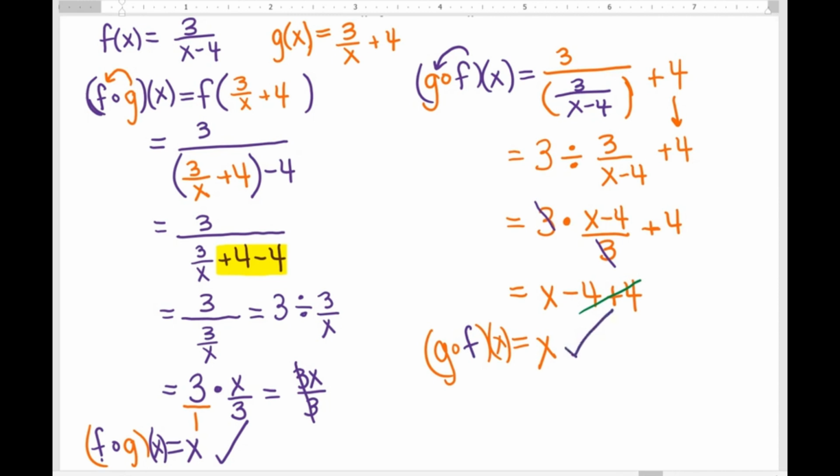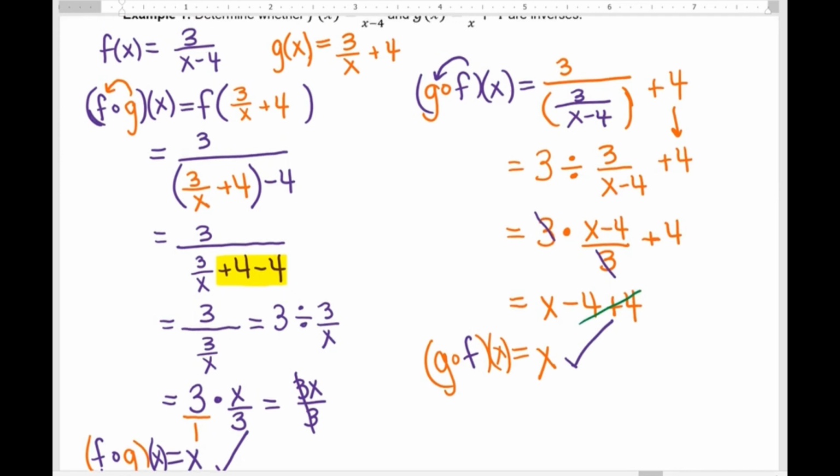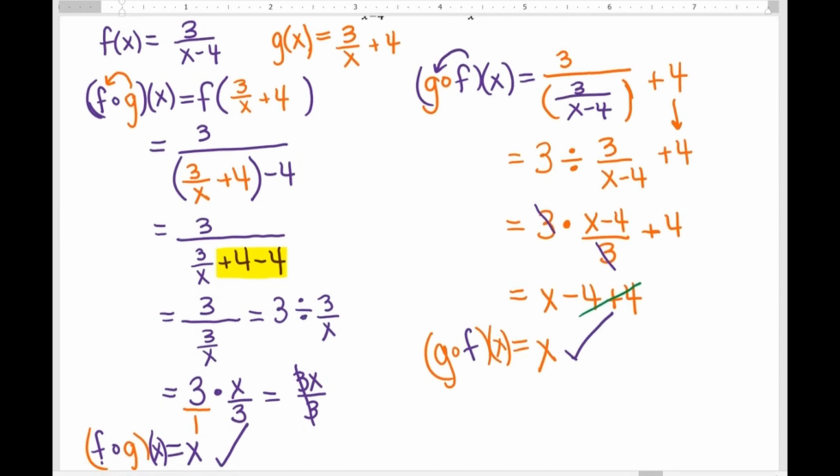And if both directions hold true, g and f are inverses.